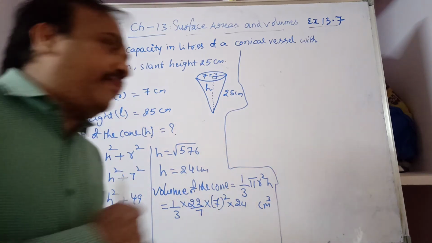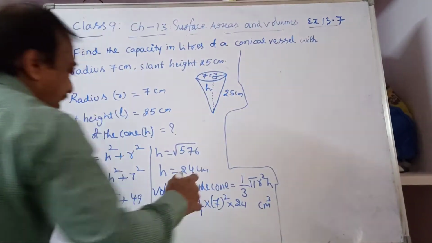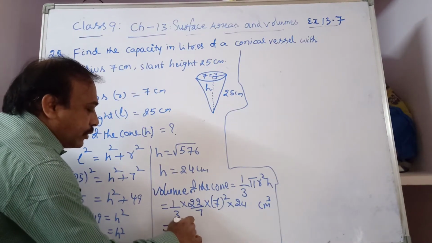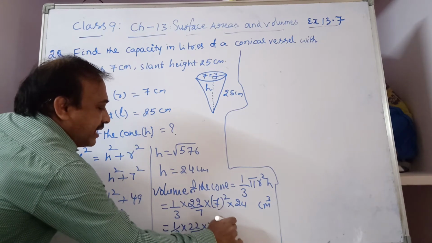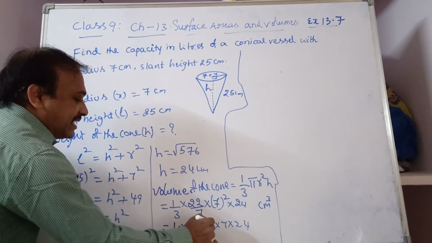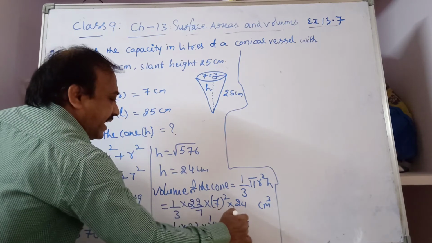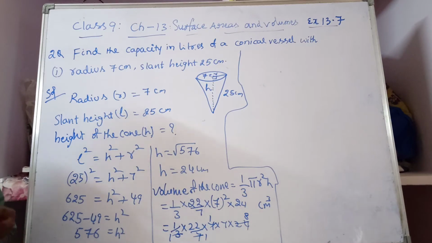This you have to simplify now. 1 by 3 into 22 by 7 into 7 into 7 into 24. 7 ones are 7. 3 ones are 3, 3 eights are 24.